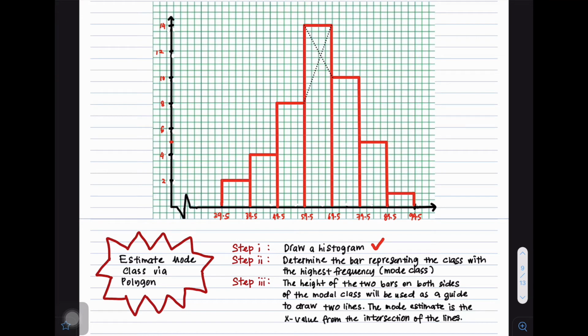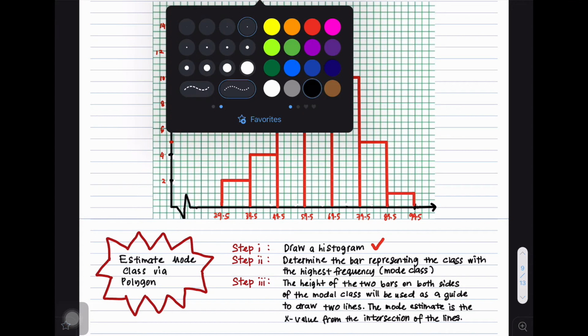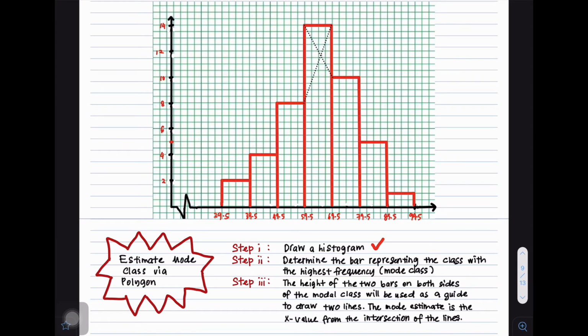Okay, and then what is the modal value? What is the mode value? The intersection point between these two lines. So you can see the intersection point is here. Okay, intersection point is here.